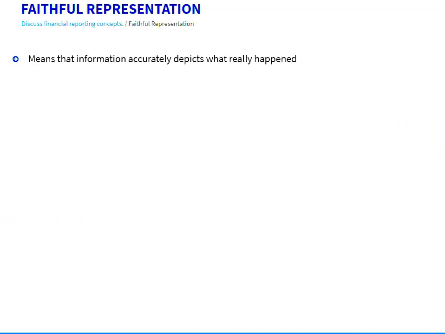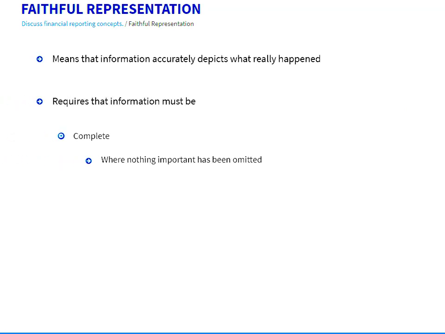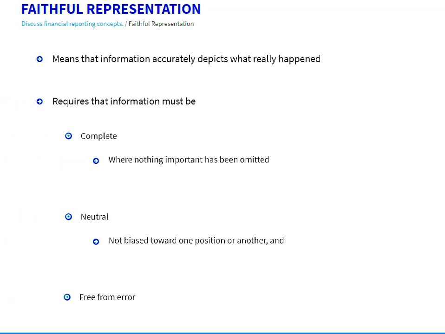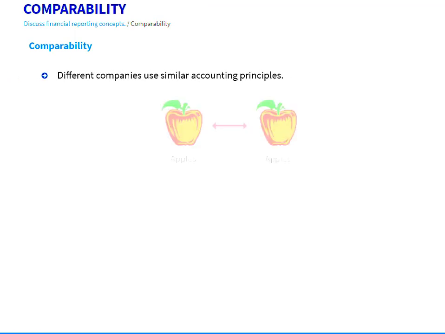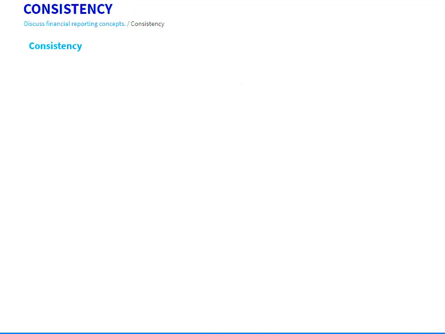If information can be depended on, it is reliable. Comparability. In accounting, comparability results when different companies use the same accounting principles. Consistency means that a company uses the same accounting principles and methods from year to year.